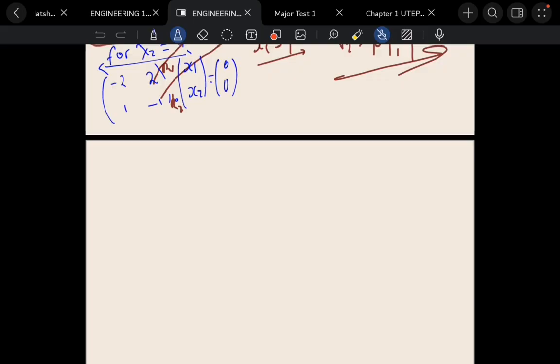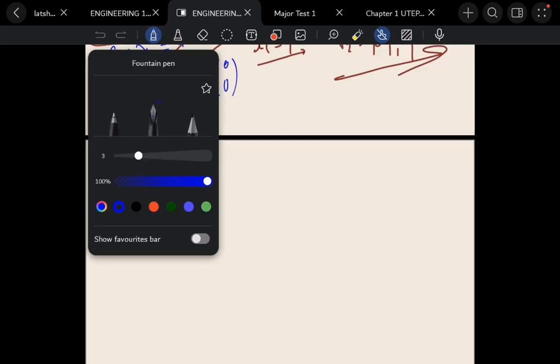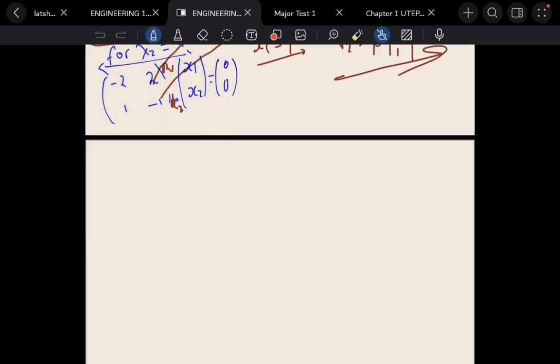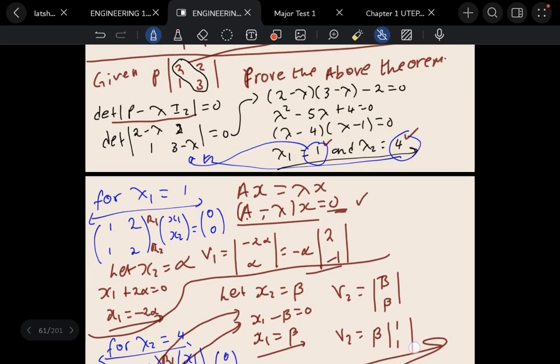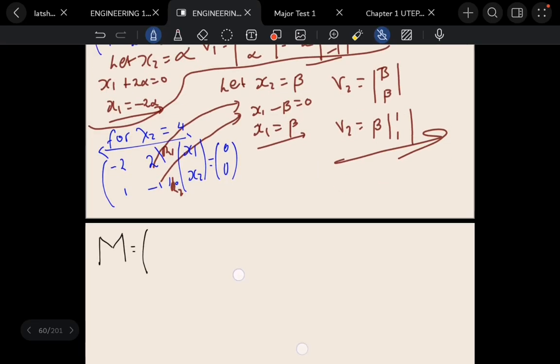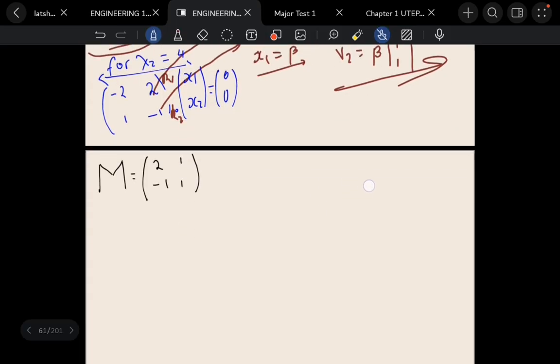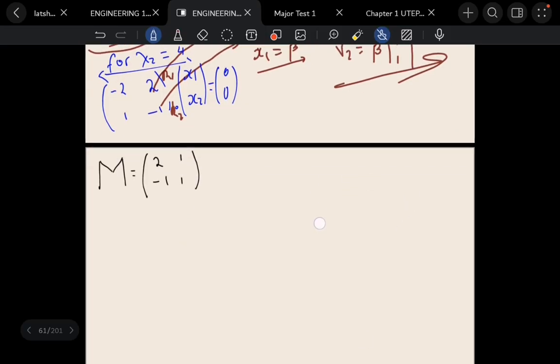Right. So now we need to write our M first. What will be our M? Our model matrix. We start with the first column, which is v1, which is 2, minus 1, and the second one is 1, 1. That is our model matrix. And then we need to write our S, which is our spectral matrix.